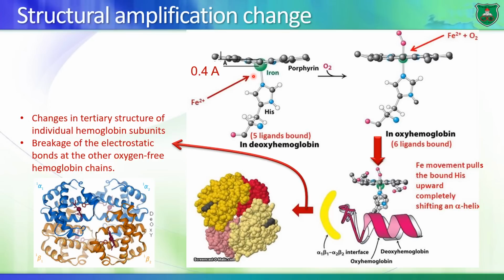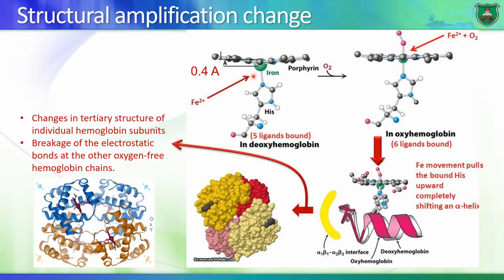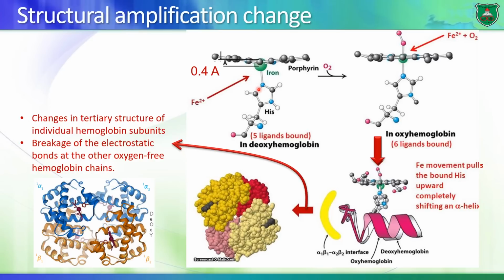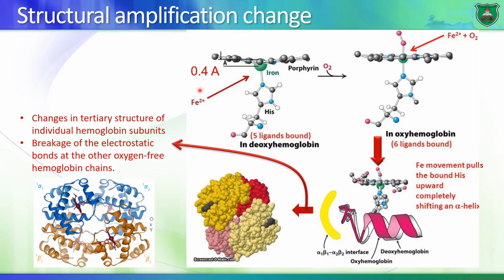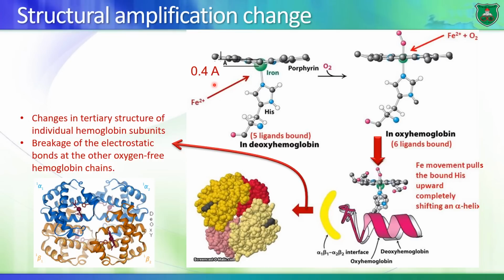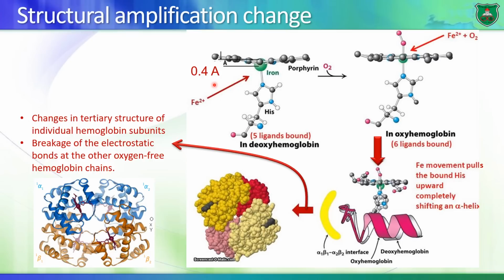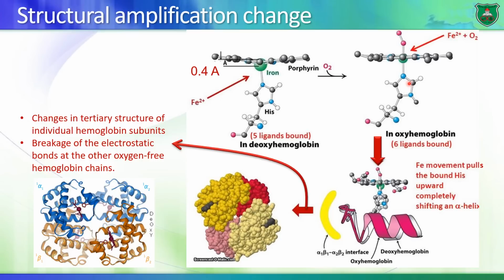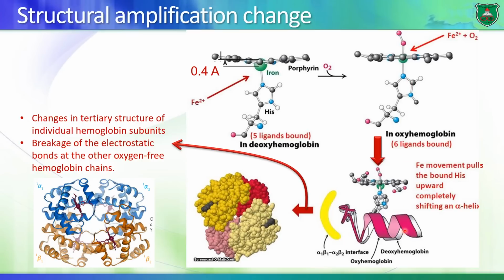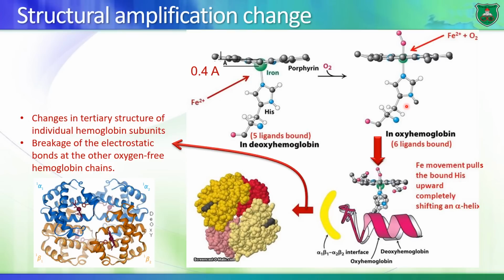Now, this is a little movement in the position of the proximal histidine. It's about 0.4 angstrom. So this is really little movement. But what happens is that this movement affects the structure of the helix that this proximal histidine is part of.